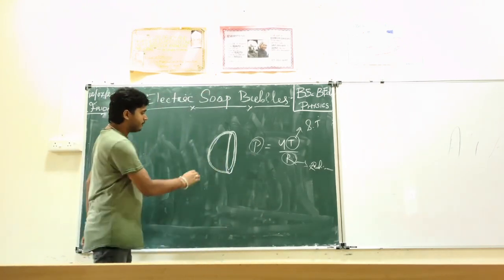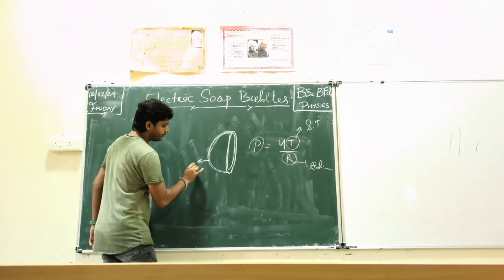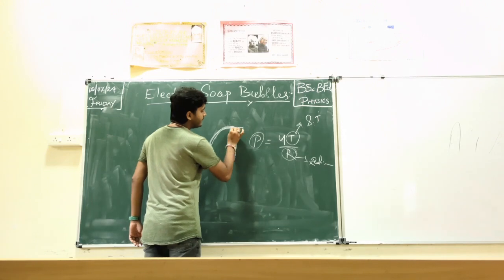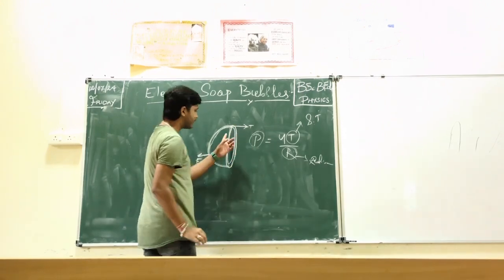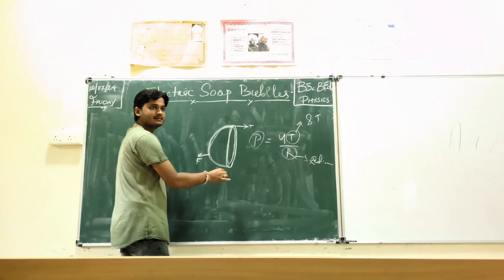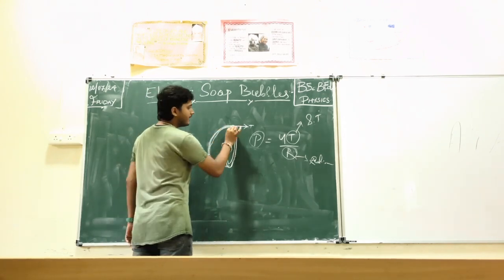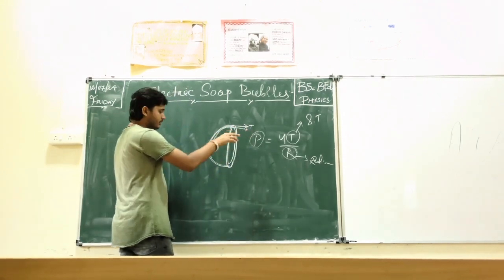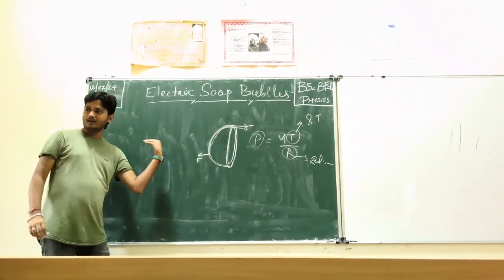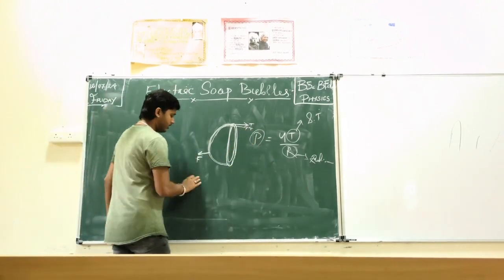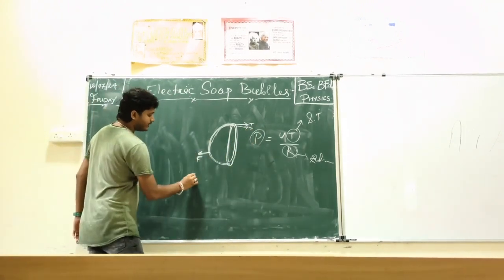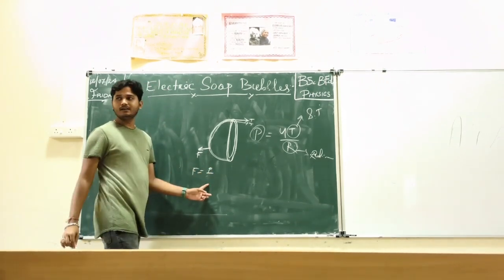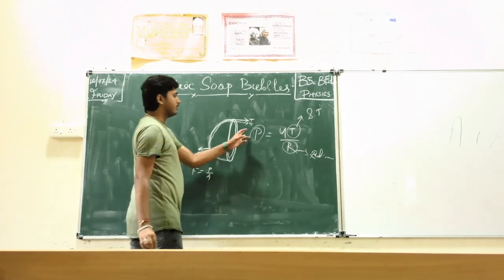You know the external force is acting outward, and there are two tensions acting on this surface. One is the outer surface, another one is the inner surface. So two tensions are acting, because there is one tension on the outer surface and the force is acting outward this way. Now what is force? Pressure per unit area. Then tension.